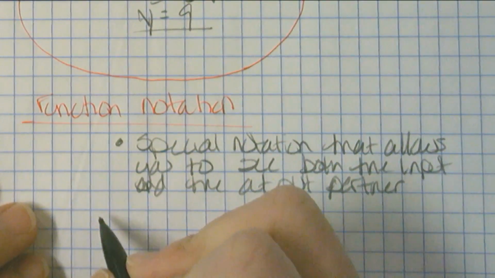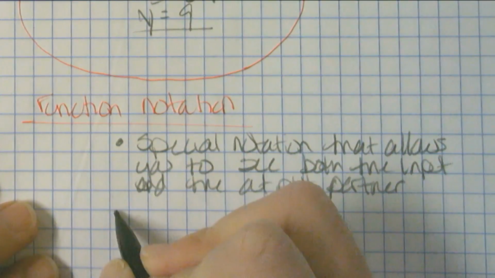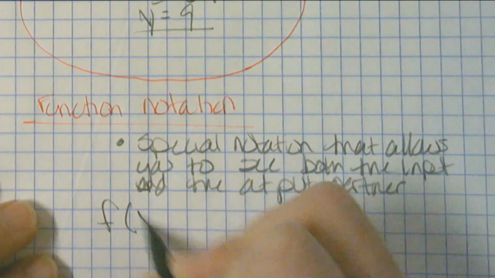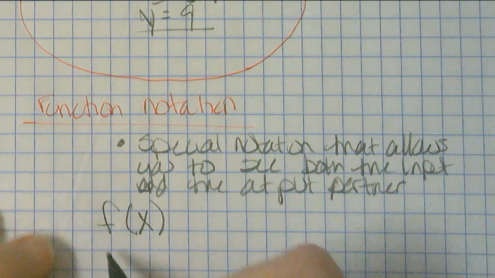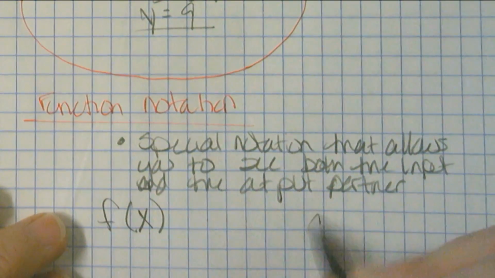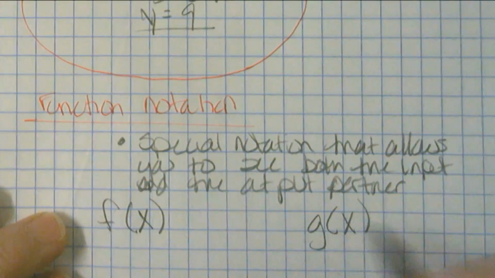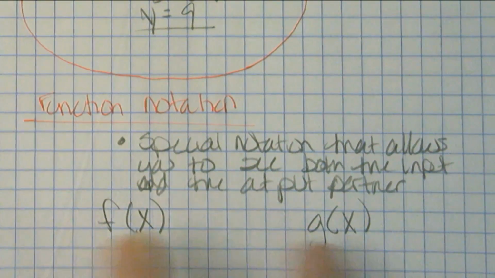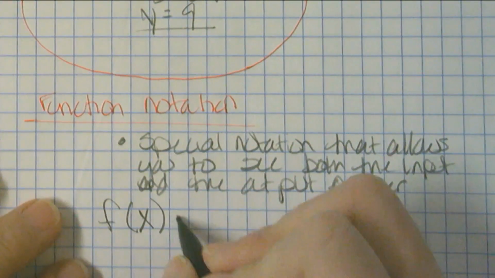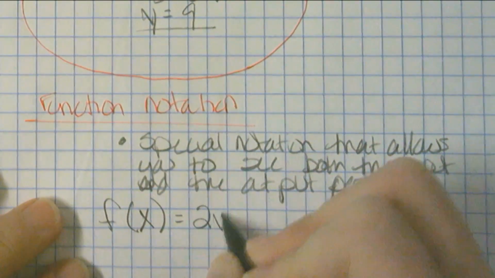The way that we write this is f and then in parentheses x. Or I could write g and then parentheses x. It doesn't matter what letters are on the outside. The x is the variable inside the equation.